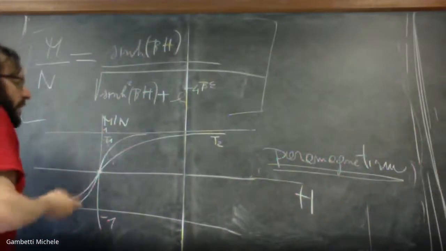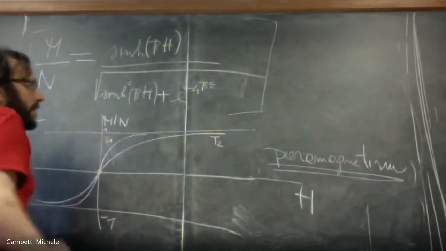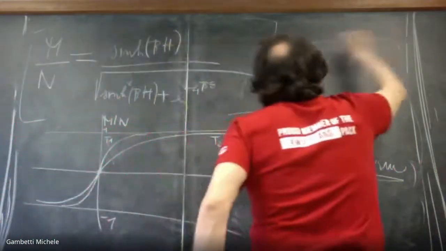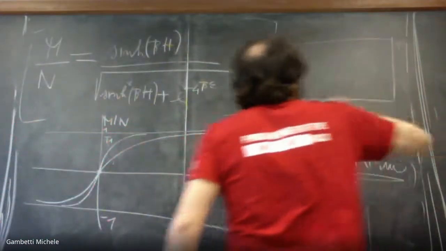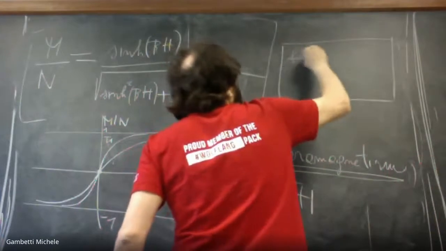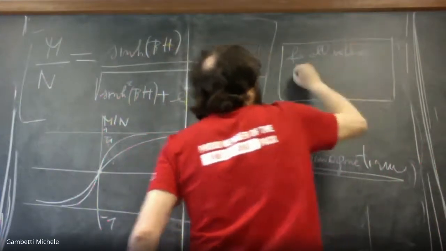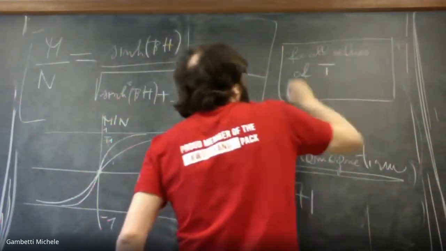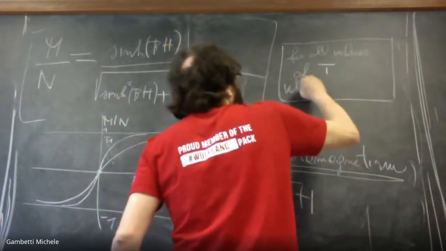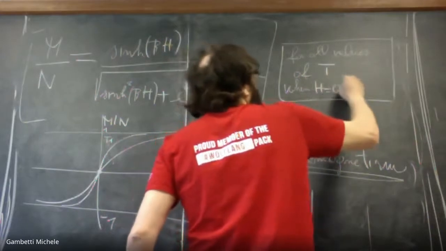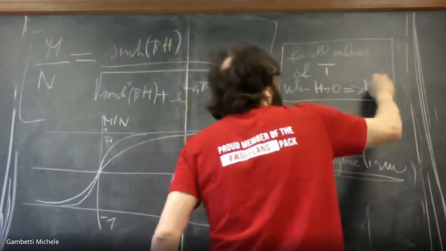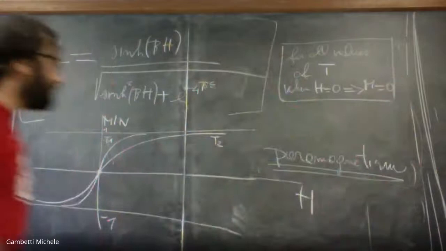The other thing which is important is the following: regardless of the value of the temperature, for all values of T, when H is equal to 0, then the magnetization is also equal to 0.